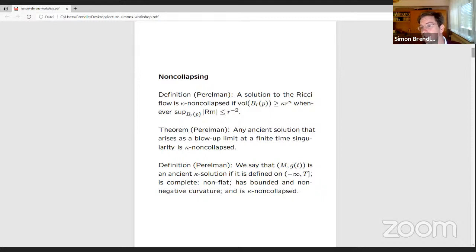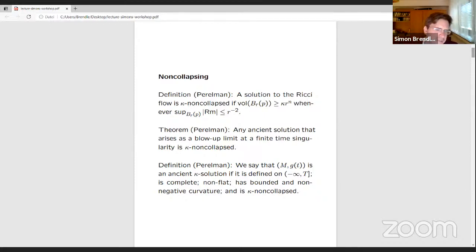Now, the non-collapsing, this is very natural because that needs to be satisfied for any blow-up limit of Ricci flow at a finite time singularity. And then the non-negative curvature, well, you can assume that in any dimension, but it's particularly natural in 3D because by the Hamilton-Ivey estimate, we know that any blow-up limit at a finite point in time has to have non-negative curvature.